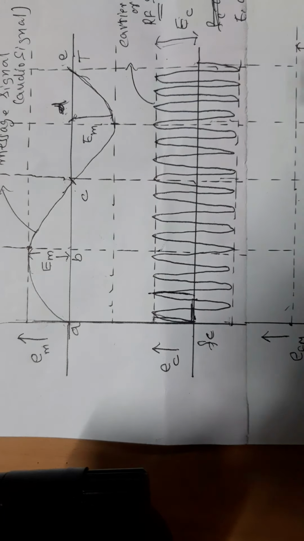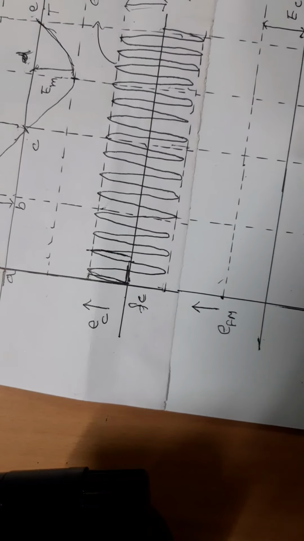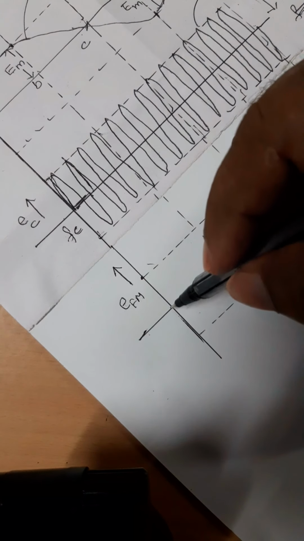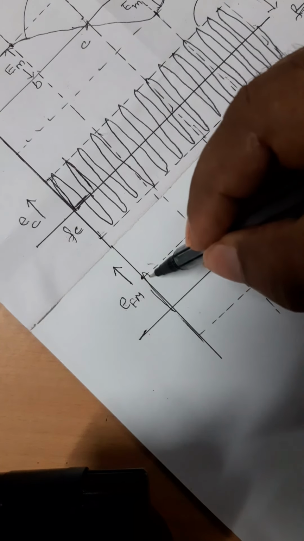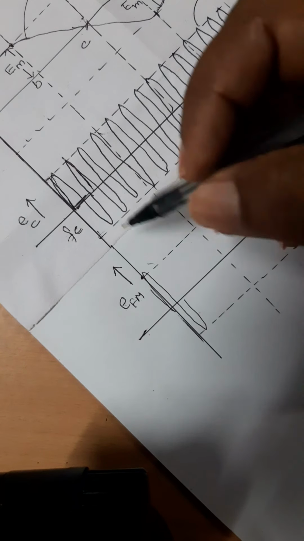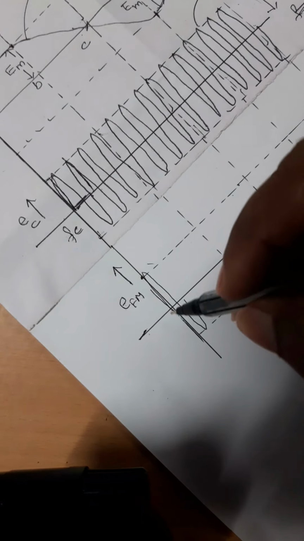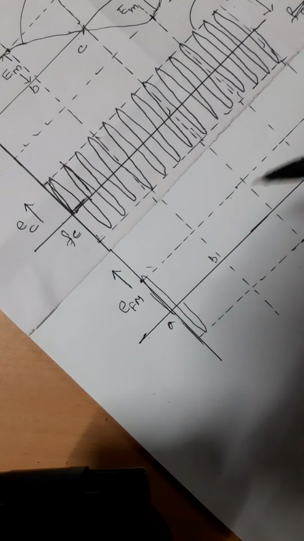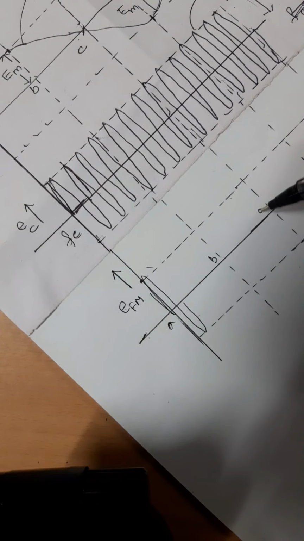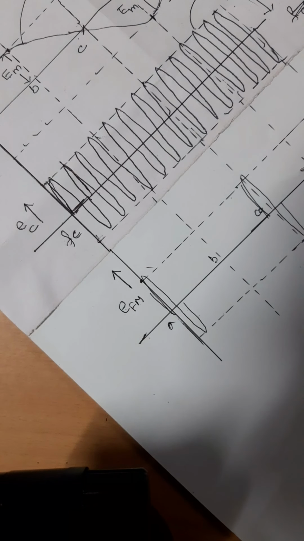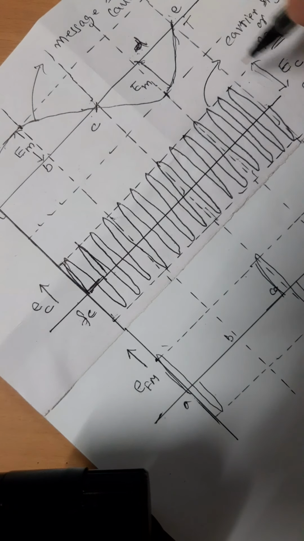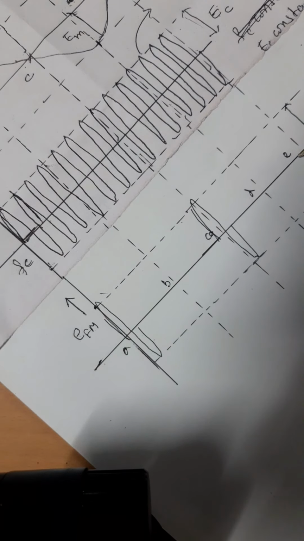Therefore, the resultant frequency of the FM wave remains Fc itself. I will write the period as the period of this carrier wave at the point A and at the point C, the same carrier frequency, and at the point E, since the amplitude is 0, the same normal carrier frequency.